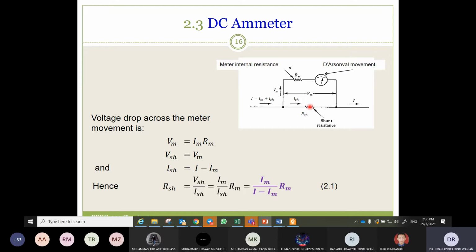This is a parallel connection, so of course V shunt is equal to Vm. I shunt is equal to I minus Im, or Im is equal to I minus I shunt.